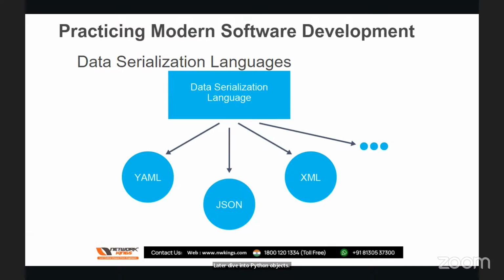For this session, these three, YAML, JSON, and XML, will be the types of data serialization languages that we are going to use. And when it comes to programming languages, we are going to use Python.